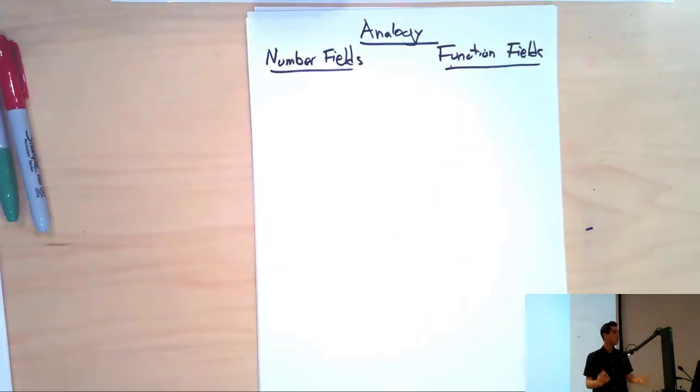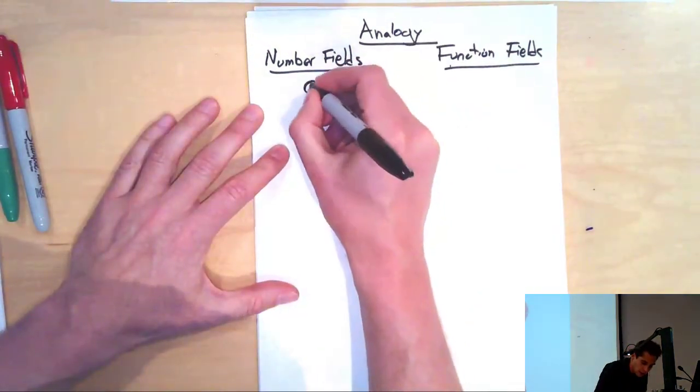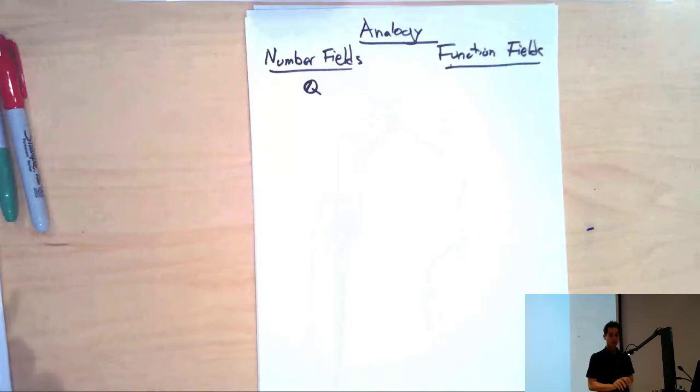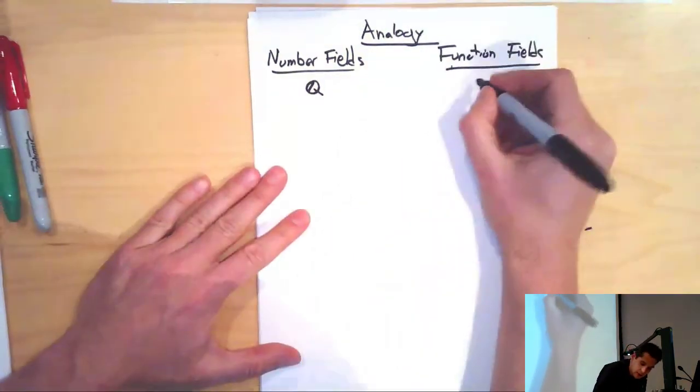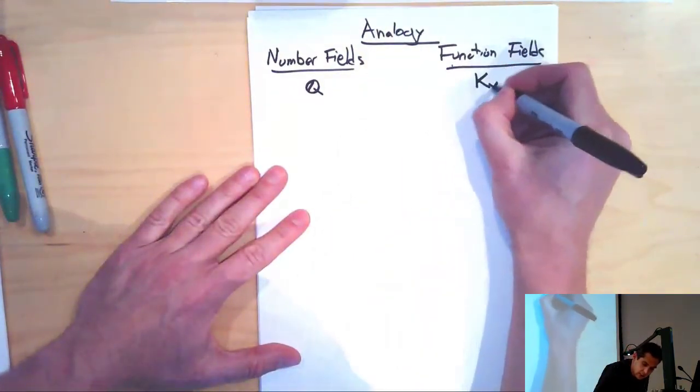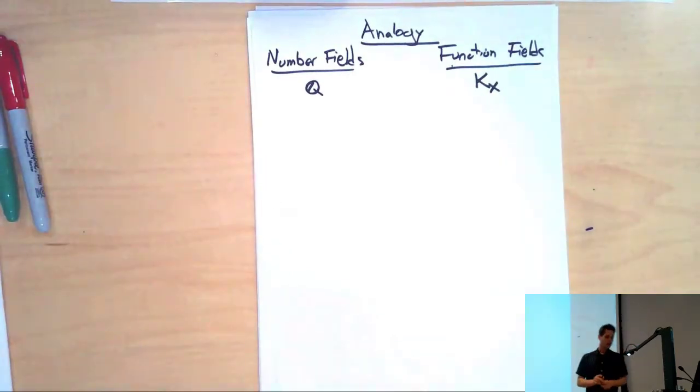A number field, by definition, is a field that appears as a finite extension of Q. So an example of a number field would be the rational numbers Q itself. And on the function field side, well, fields like the K_X that I mentioned earlier.